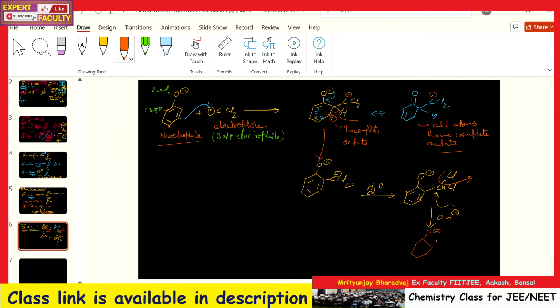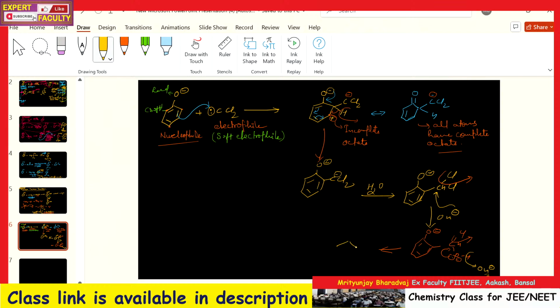O minus CHCl OH. Again the lone pair from oxygen will be donated, and the second chlorine will also leave. When the lone pair is donated, oxygen will get a positive charge, and that positive charge will be managed by releasing H plus to the OH minus. And as we know, the reaction has basic conditions, so definitely there will be OH minus.